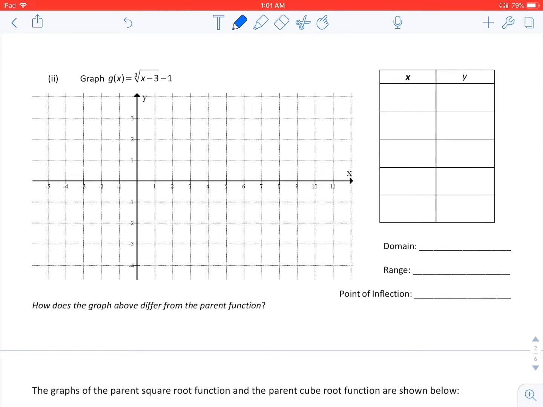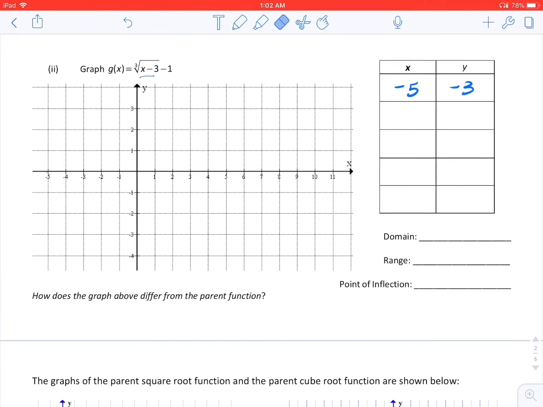Therefore, what value would I plug in for x to get -8 under the radical? -5. So if x is -5, evaluating the radical of -8 gives -2. -2 minus 1 is -3. 1 point on the graph is (-5, -3).